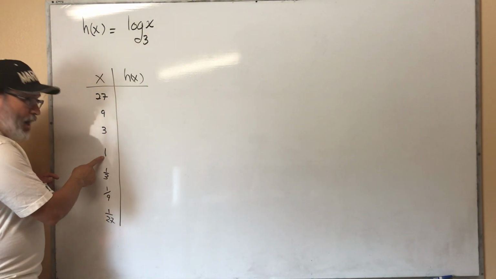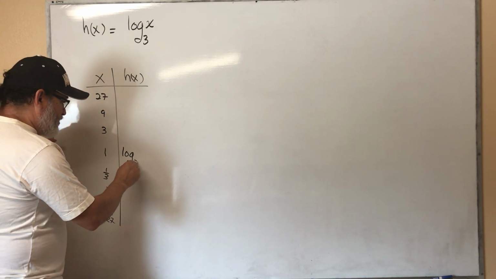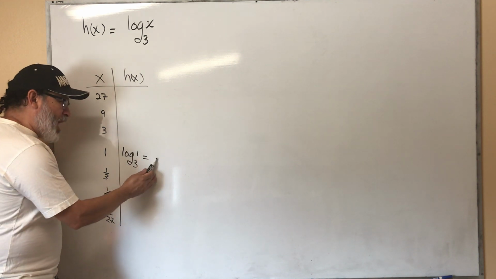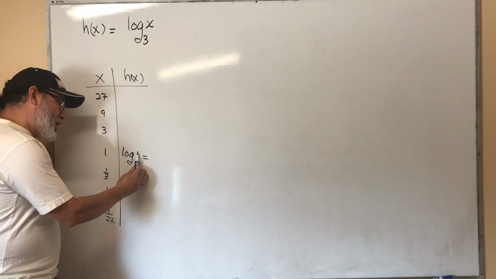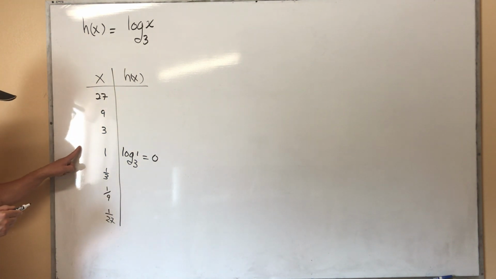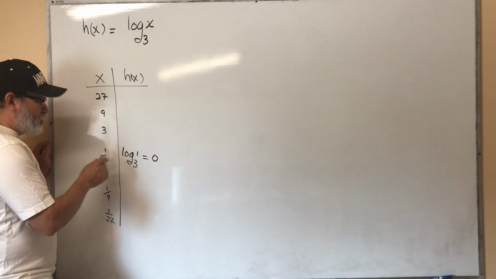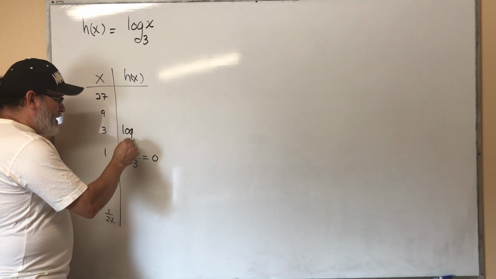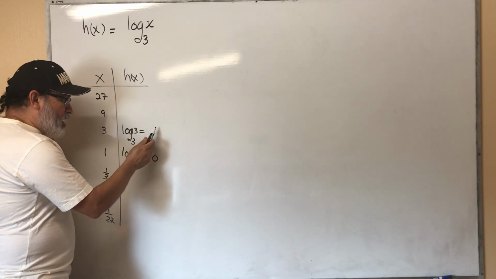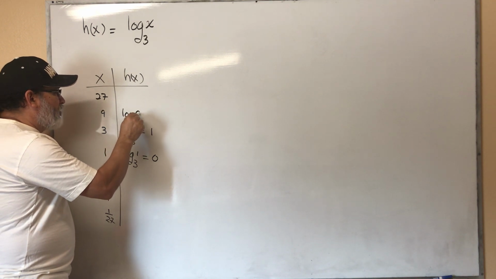When you plug in 1, this is log base 3 of 1. 3 to what power gives you 1? 0. Hey, that's what we got there. We got 3 to the 0 is 1. How about this one? Log base 3 of 3. 3 to what power gives you 3? 1. Log base 3 of 9.